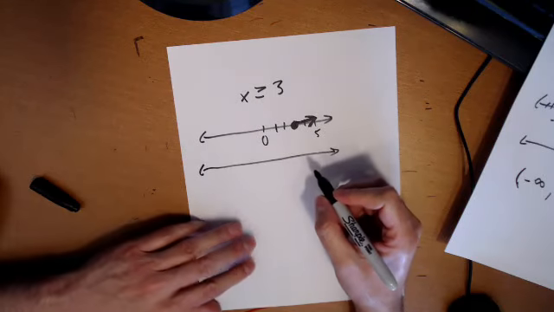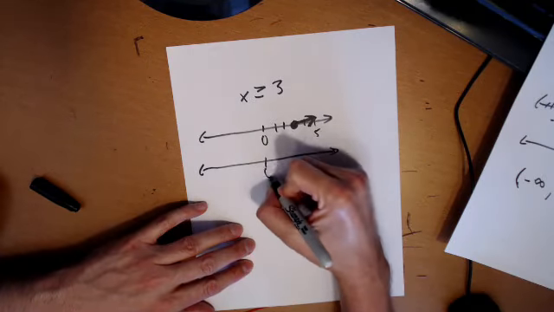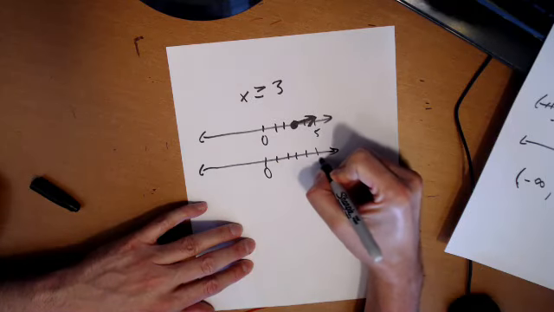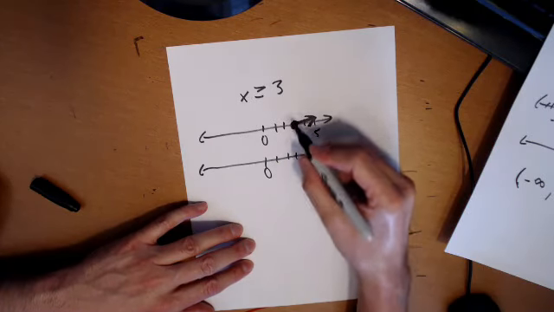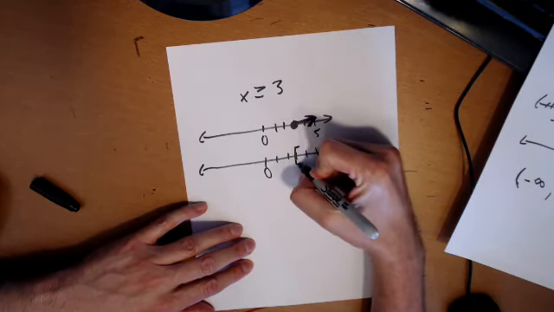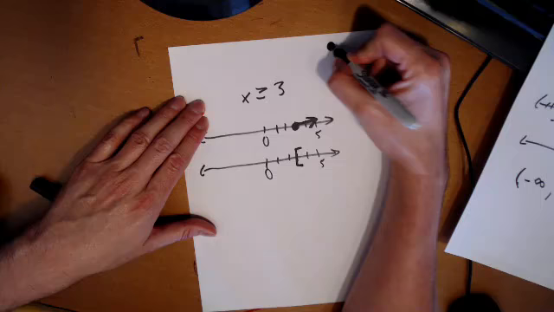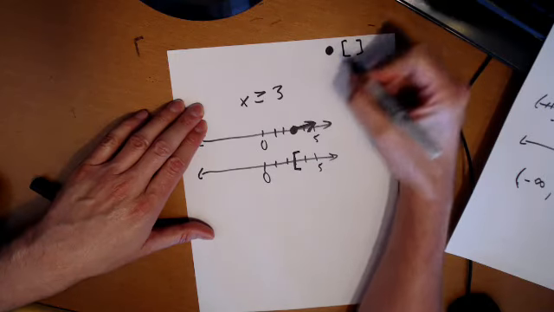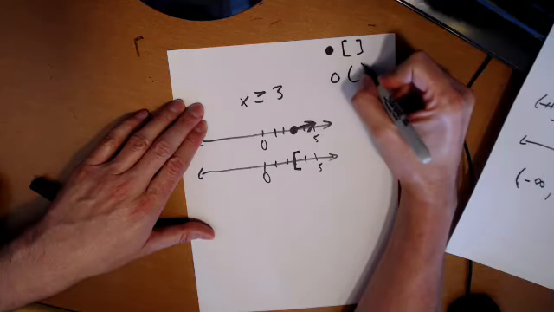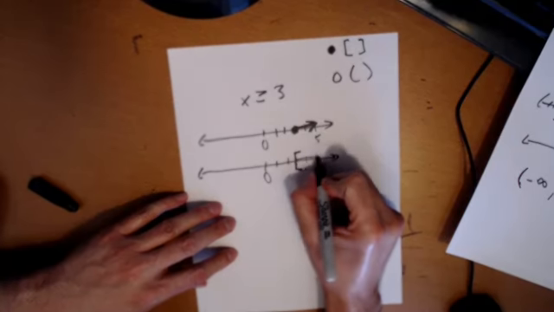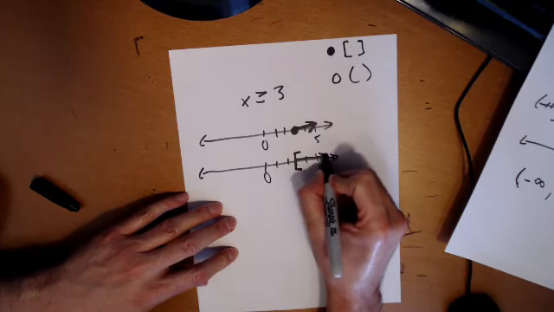And then if we use parentheses or brackets, at 3 you could put a bracket, not a parenthesis. So basically, solid dots are brackets, open circles are parentheses. And then we shade this way.